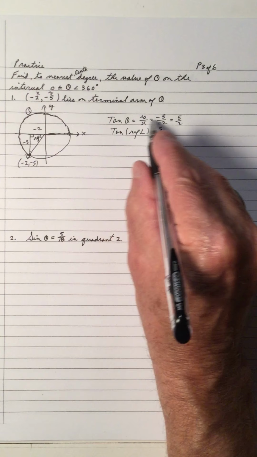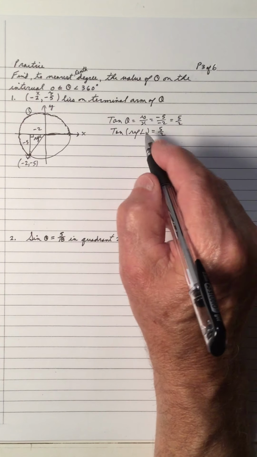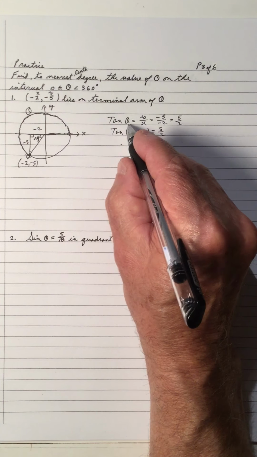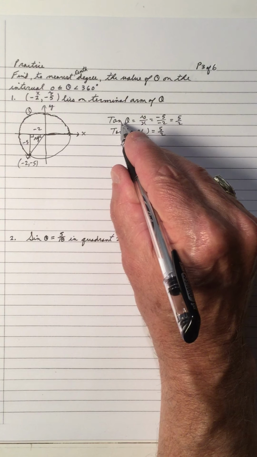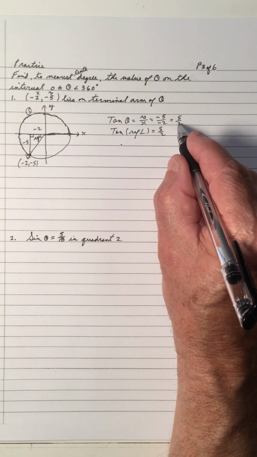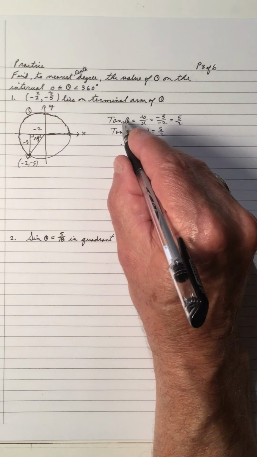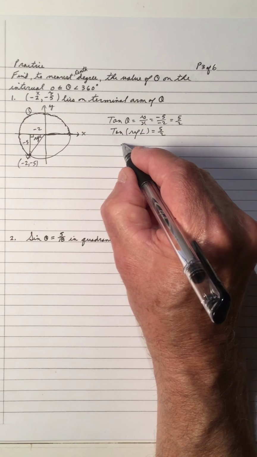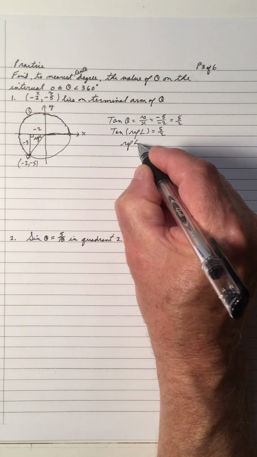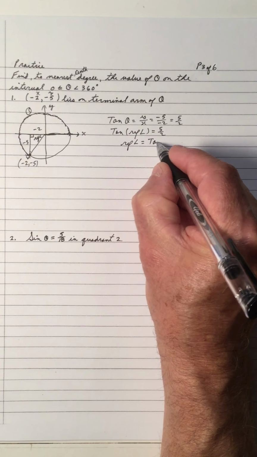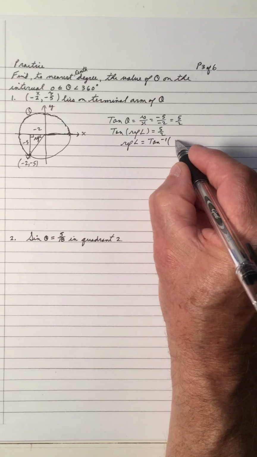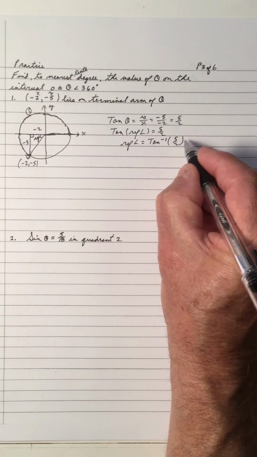So if I work this out by doing tan to the -1 of 5/2, I will get the reference angle. Because it's positive, the reference angle is going to be tan to the -1 of 5/2.